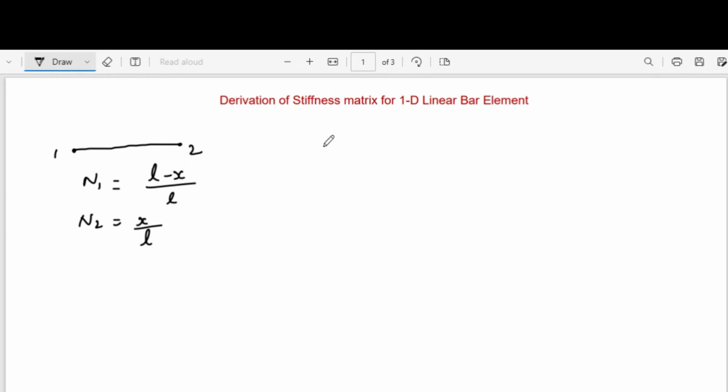So the general formula for the stiffness matrix is, so I am going to write the general formula.